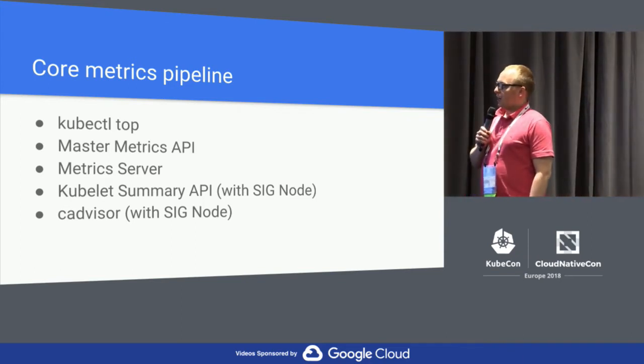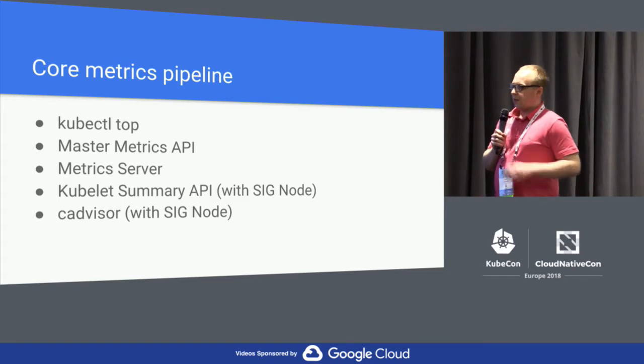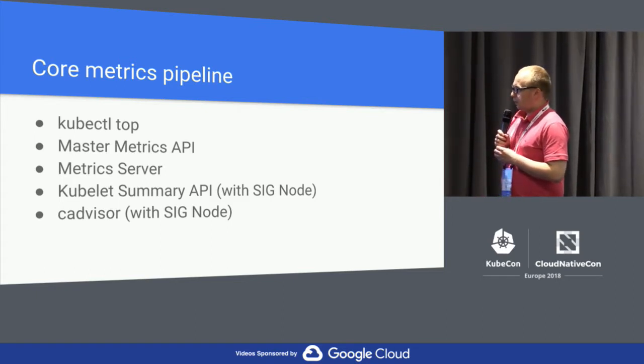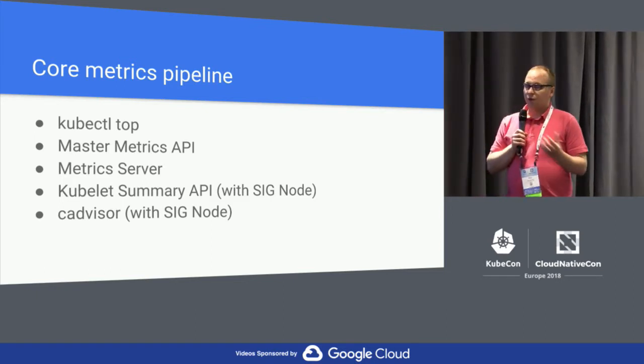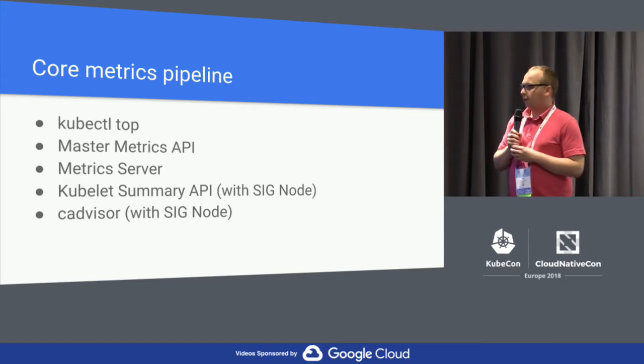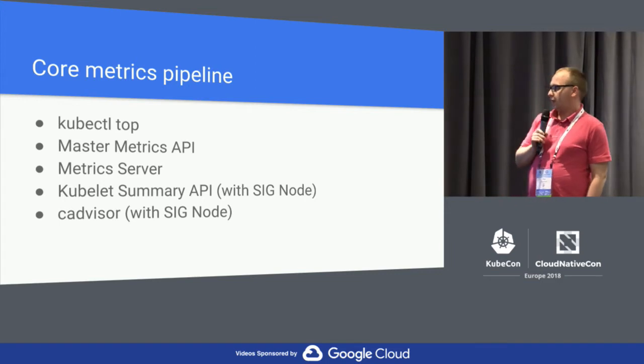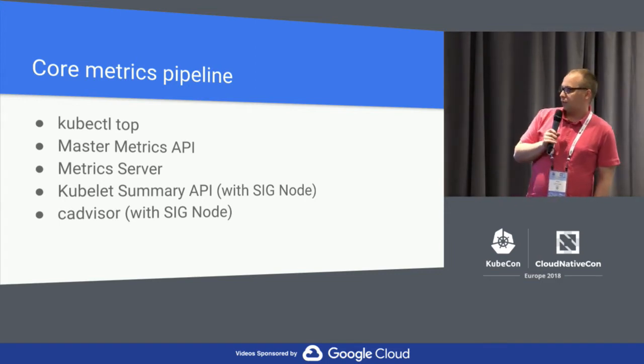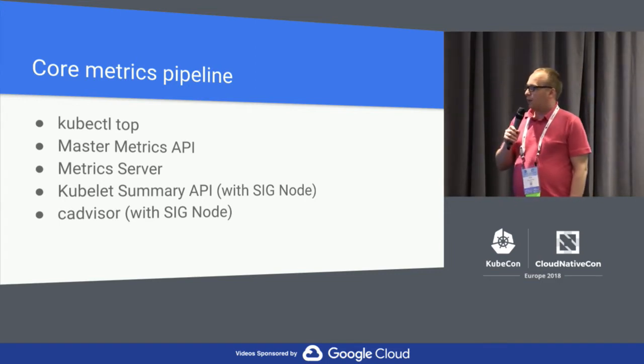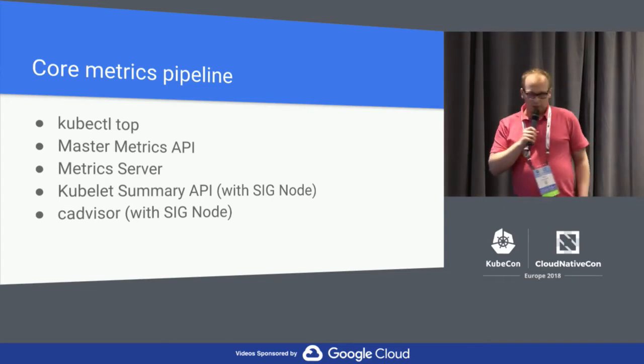Kubelet summary API is an API exposed by Kubelet that provides the data for the pipeline, that collects the data for the pipeline. This is shared responsibility with SIG-Node. And in addition to this, there is cAdvisor underneath, which collects this data and makes it available through the Kubelet summary API. And again, this is shared with SIG-Node.